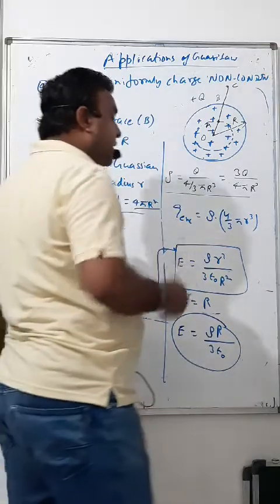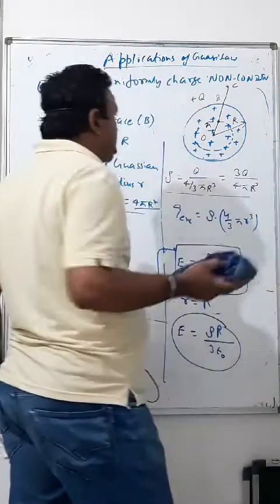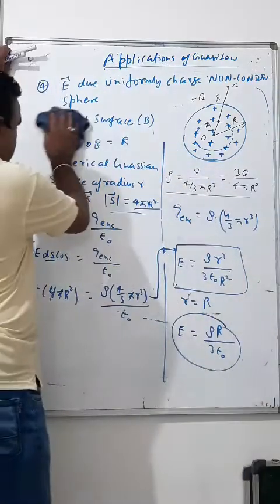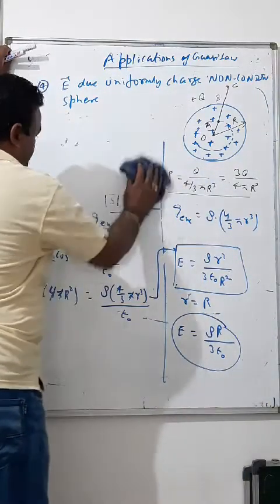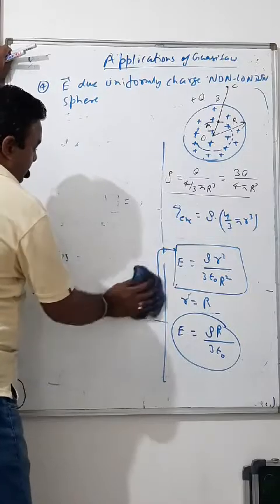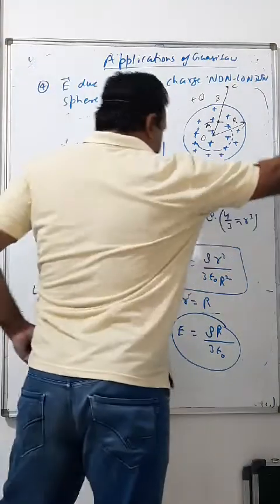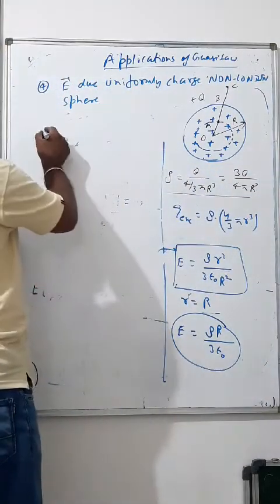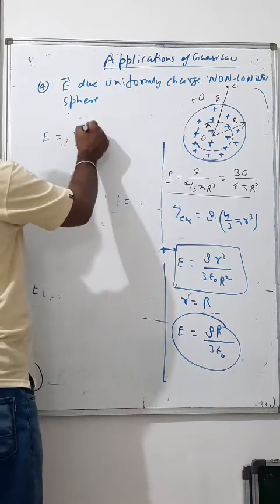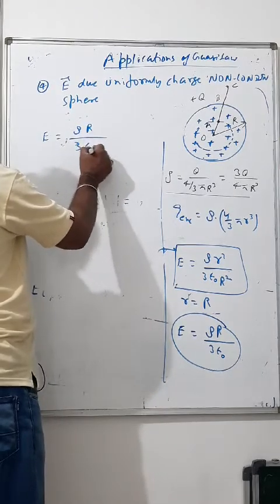It can be written in another form also. You will definitely prefer that form, and that's very commonly used. E is equal to rho R upon 3 epsilon naught.